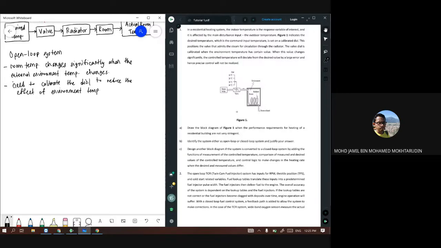So in this question, it says adding three things. The first is function of measurement of control temperature, then comparison of measured and desired value of temperature, and the third one is control logic. So you need to add three more things.